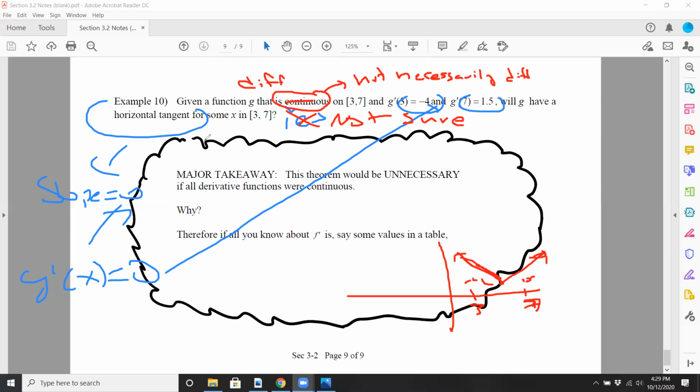So the major takeaway is that this theorem would be unnecessary if all derivative functions were continuous. And we know that not all derivative functions are continuous.